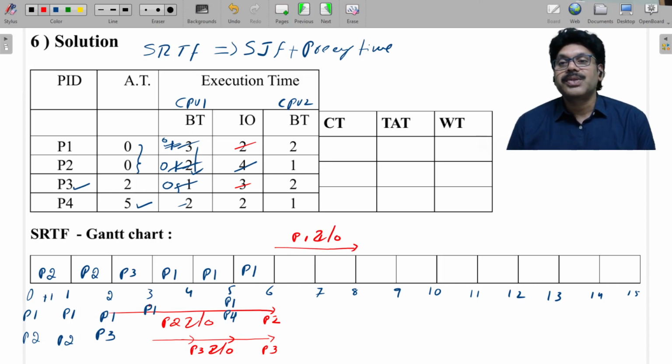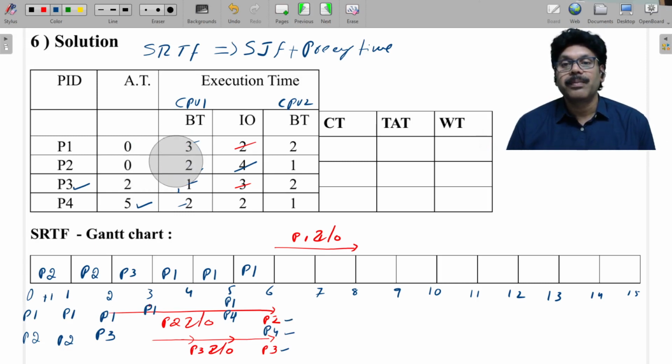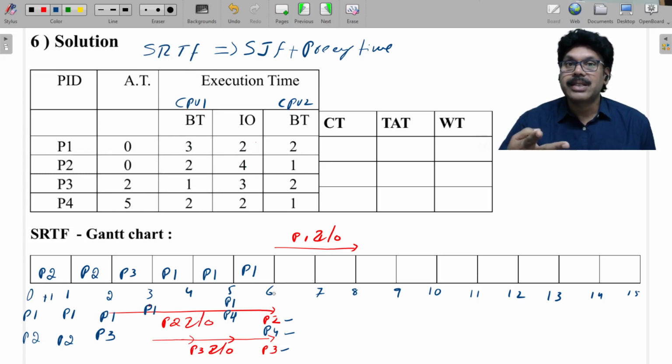Now, the continuing process is P4, but unfortunately P2 has woken up, P3 has also woken up. Among these three, which is shorter? One important thing I would like to say: P2 needs a second burst time, P3 needs a second burst time, but P4 still needs its first burst time.